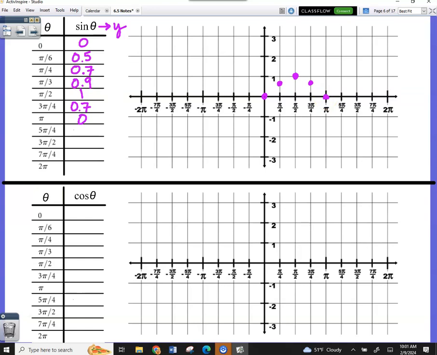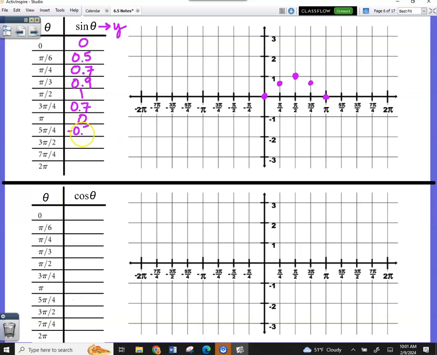5 pi over 4. Find the y value. It's a radical, so you're going to have to type it in. It is negative 0.7.